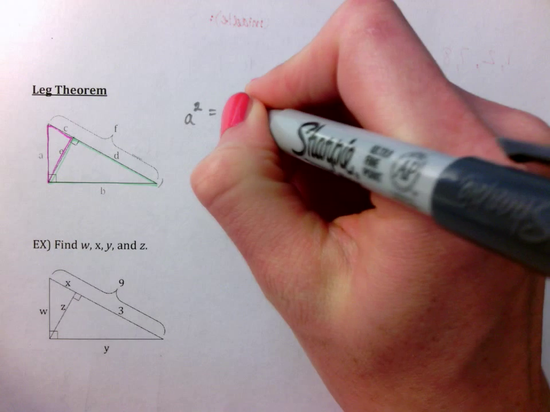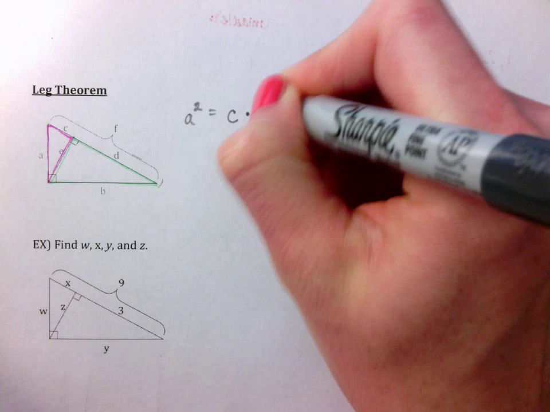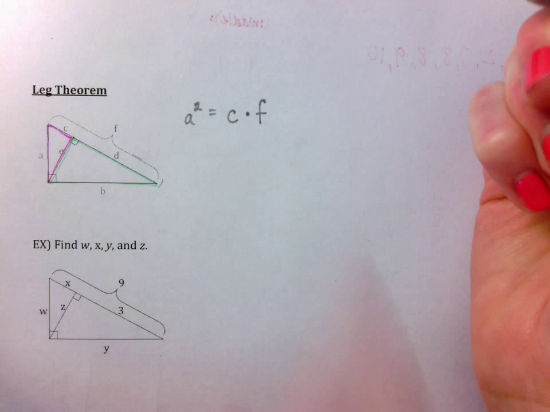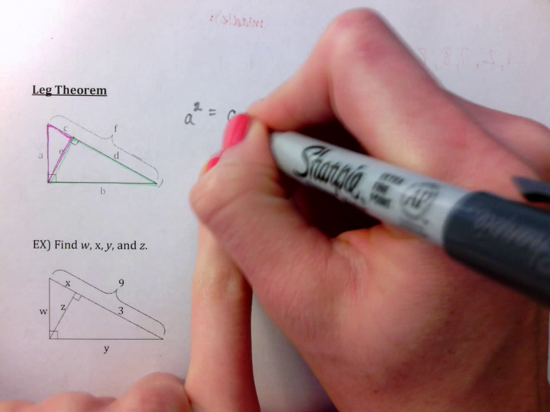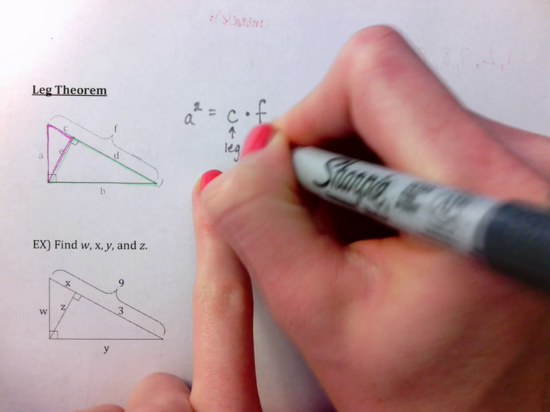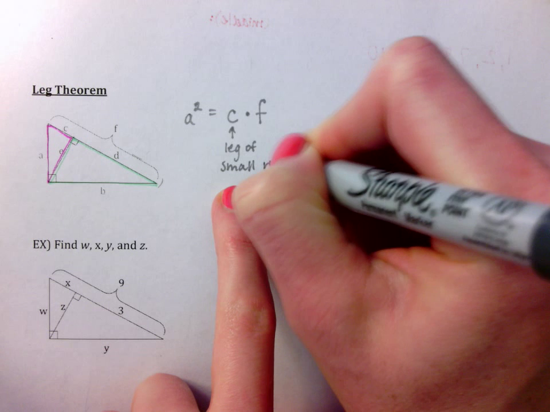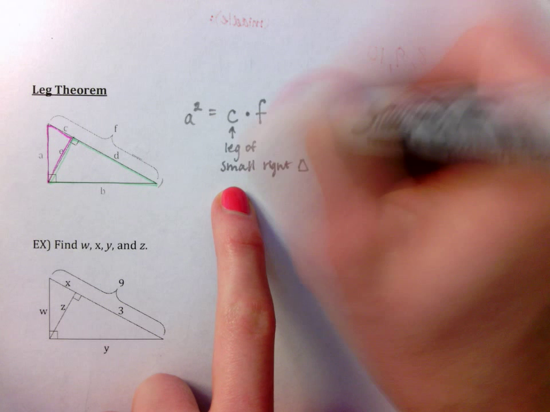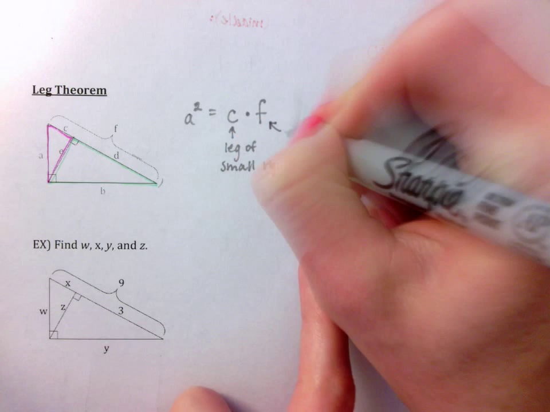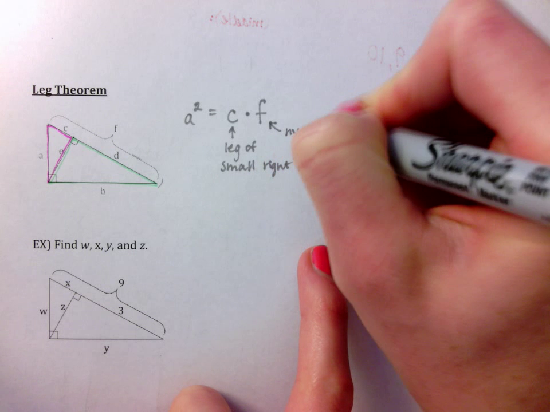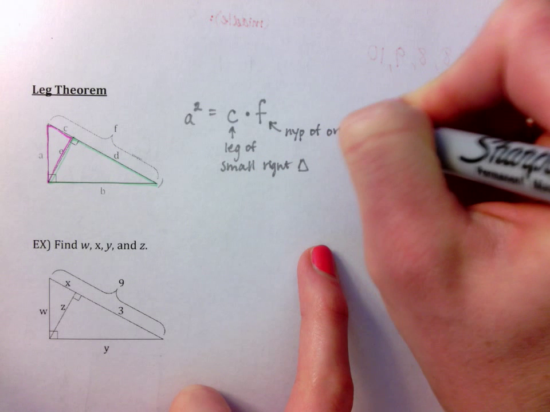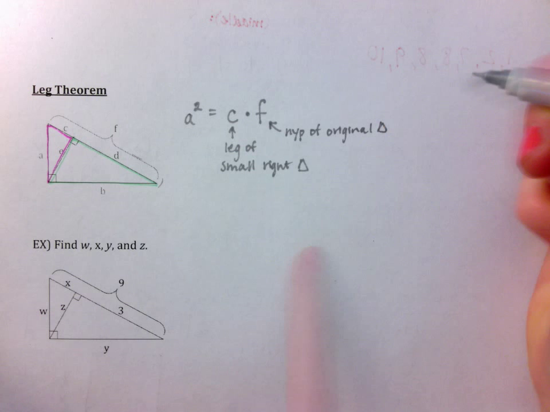So C times F. That's kind of confusing, but this is the leg of the small right triangle times the hypotenuse of the original triangle.